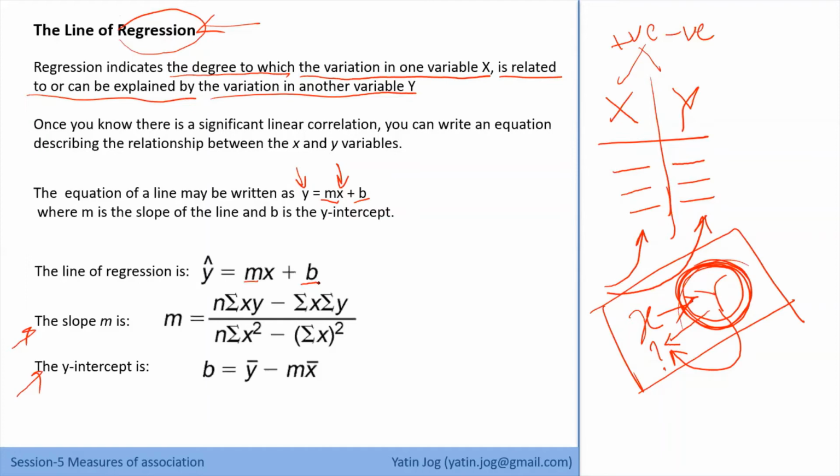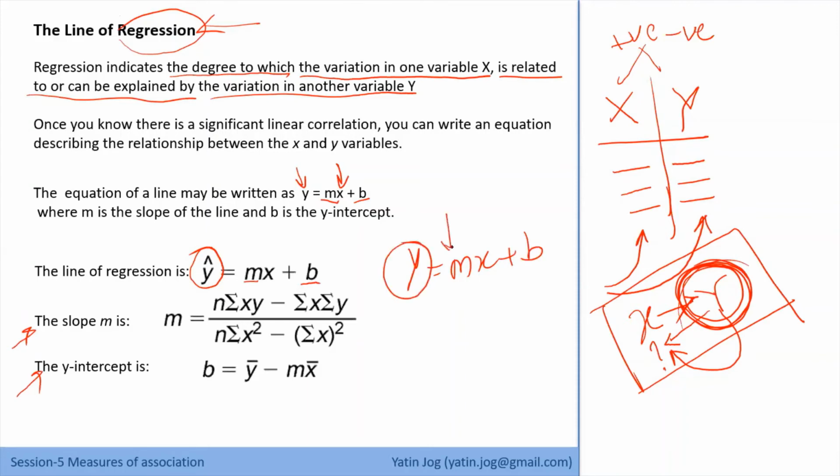You can notice while writing the regression line equation, we are not writing plain y, we are writing y cap. Y cap is equal to mx plus b. Why we write y cap is because if I just write y equal to mx plus b, this is my expected y.